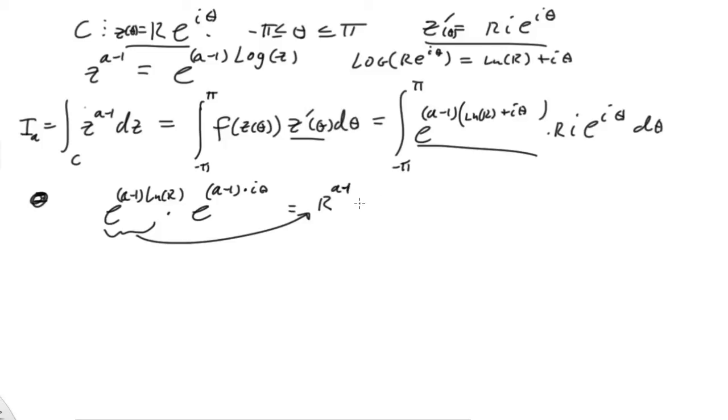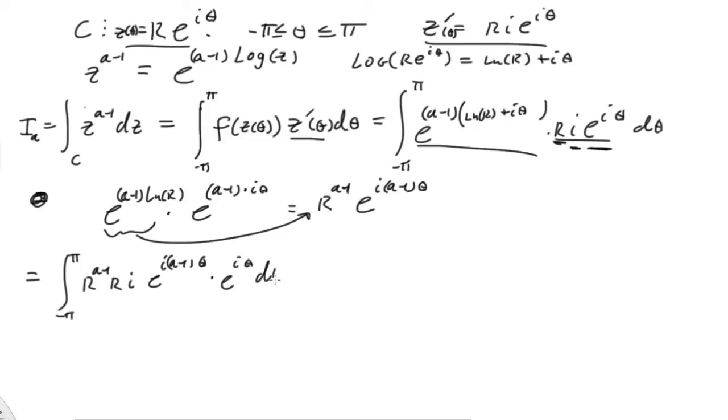And now we have e to the i a minus 1 theta. When I multiply this through, we get r to the a minus 1, and there's another r sitting there, so I'll put that next to it. We have an i coming, and then e to the i a minus 1 theta times e to the i theta d theta.